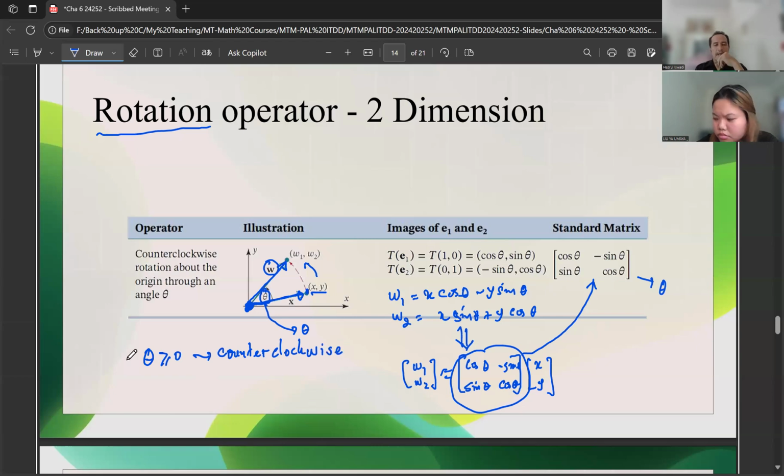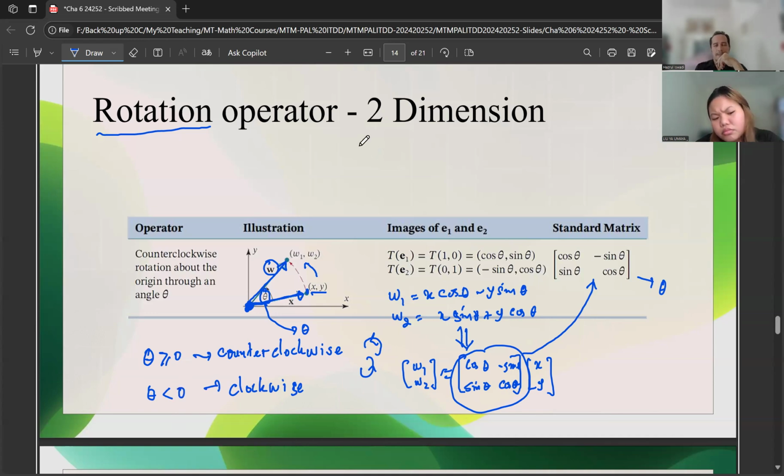Jadi nilai theta ini positif kalau dia dihitung berlawanan arah jarum jam. Jadi kalau dihitungnya seperti ini, ini berlawanan arah jarum jam, maka nilai thetanya positif. Tapi kalau dihitung clockwise, jadi searah dengan jarum jam, justru theta itu nilainya negatif.